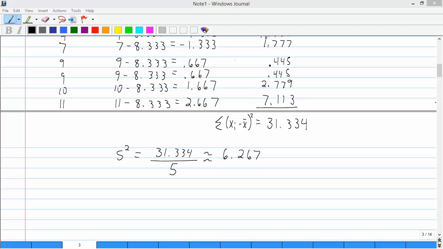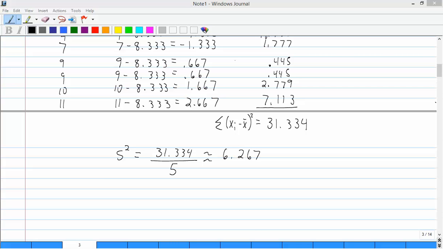Now it's harder to understand how to use the variance without getting pretty deep, but it's easier to explain how to use the standard deviation, which is directly related to the variance.